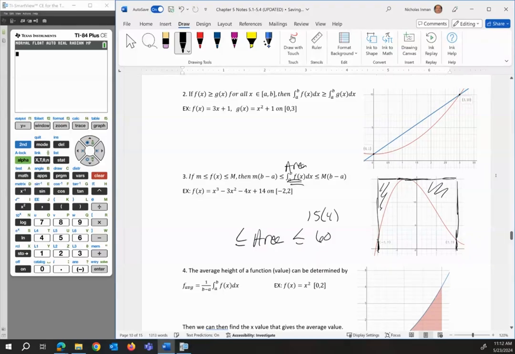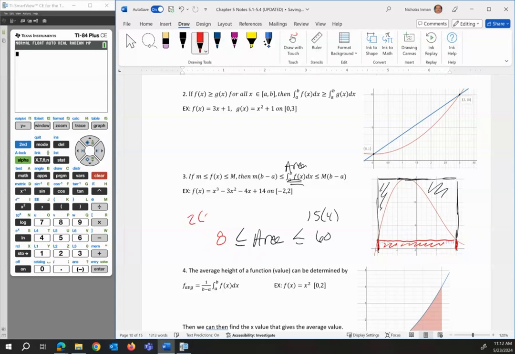But I also have a lower estimate. The smallest spot that I could make inside of here, starting here and stopping here, is just this little tiny thing. I can't go higher because I would go above my function. But if I go 2 up and 4 over, I know that my lowest possible answer would be 8.